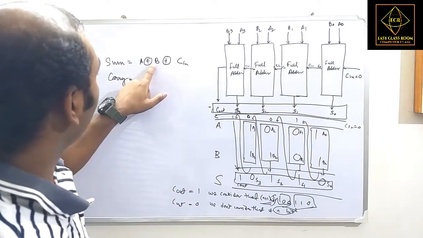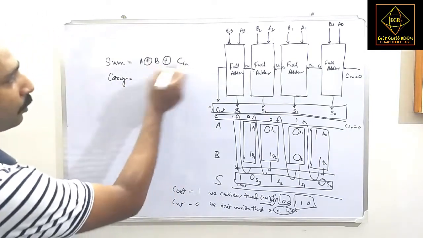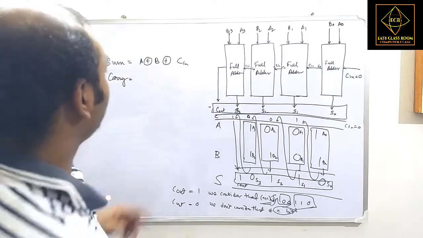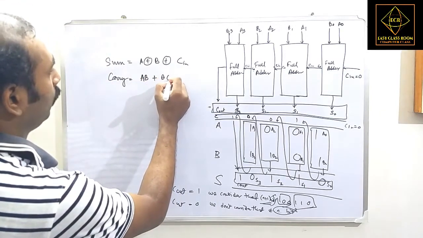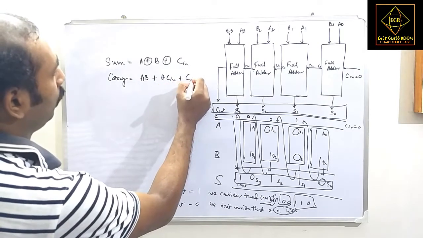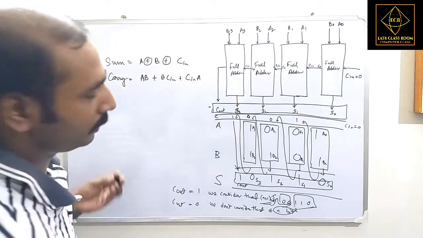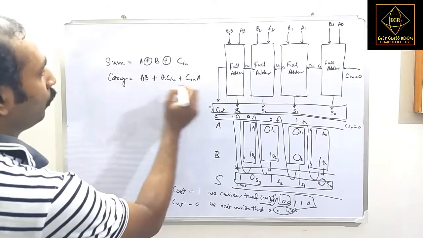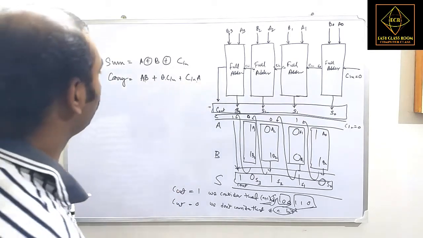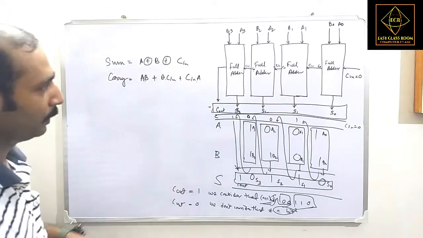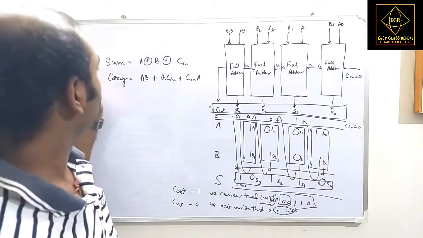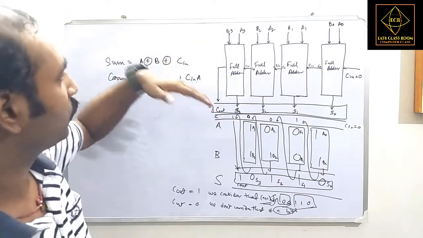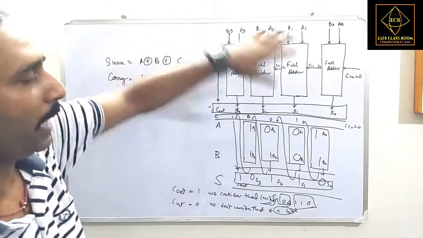And for carry, we have this. Since we all know in the full adder circuit and half adder circuit how these things happen, this is how we can add n-bit numbers with n-bit numbers using an n-bit parallel adder.